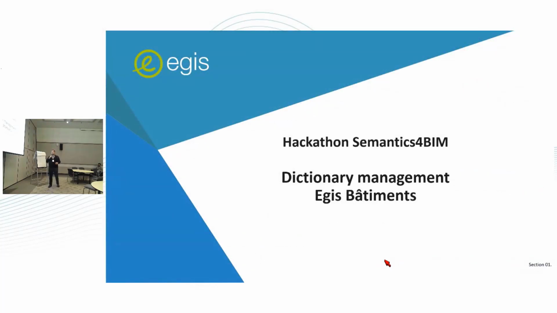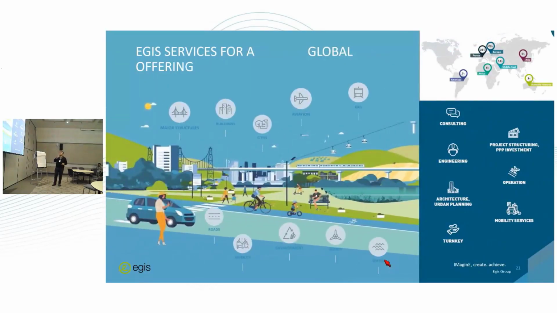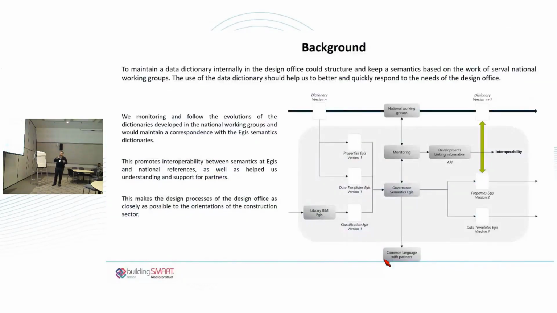Just a quick word about the work of Aegis. Aegis have a very defined process to set properties useful for their usage on projects, and they just need a tool to be able to expose that, to be able to use that in tools.